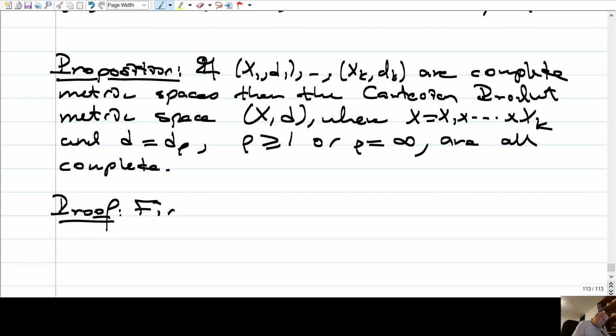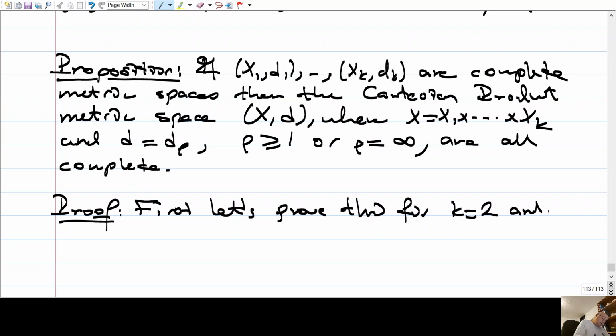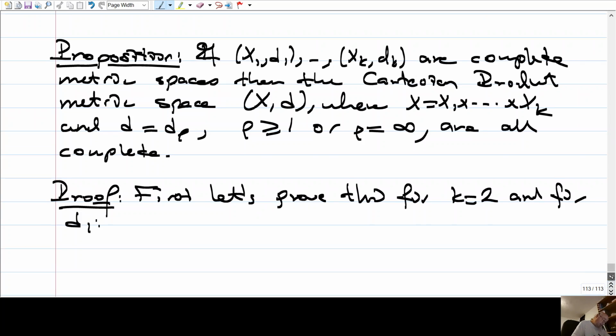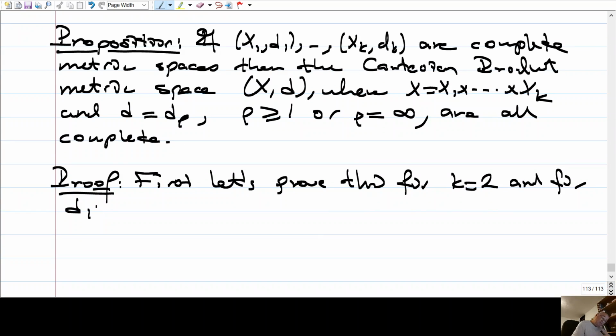First, let's prove this for k equals 2. And for d1, what is d1? D1 is this. So I have this situation.